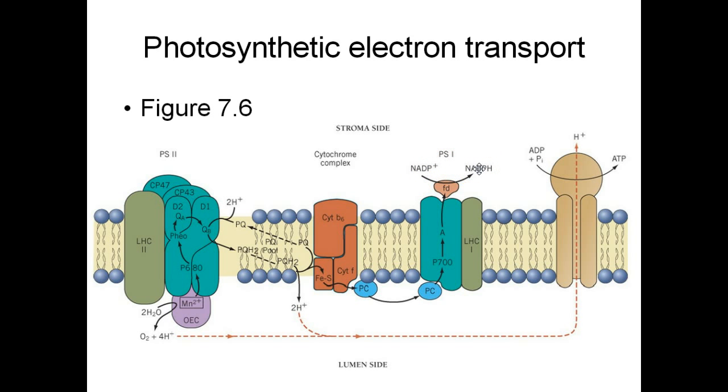So now we have some stored energy in the form of this reduced NADPH. Okay? And what we're going to start talking about today is how these are used to fix carbon.